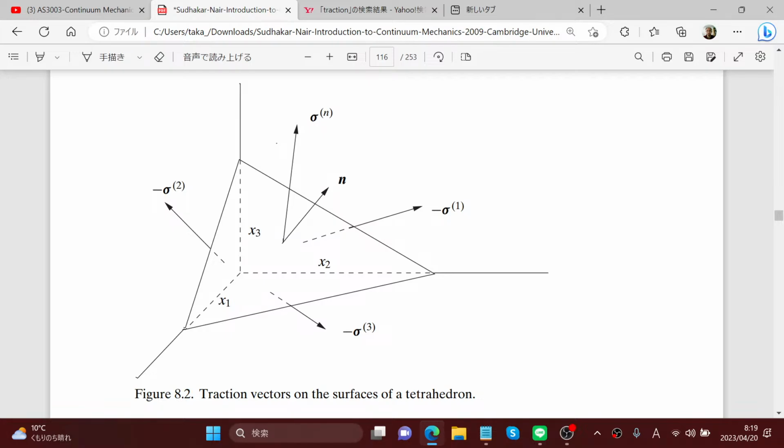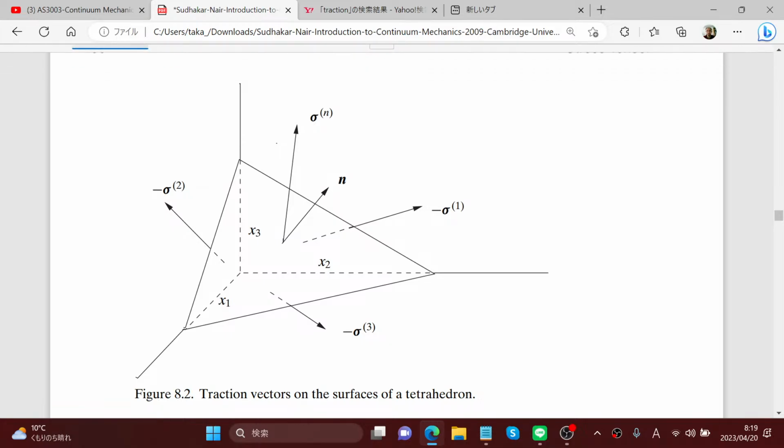There's an area, sigma. You have some area A. This is called area 2. Area 1, area 3, right?